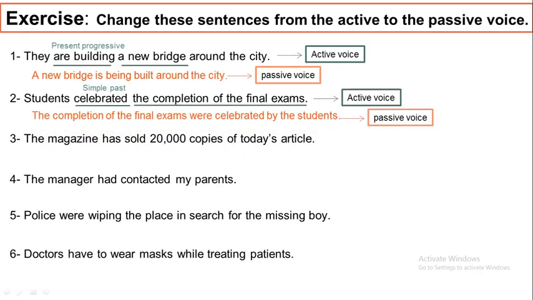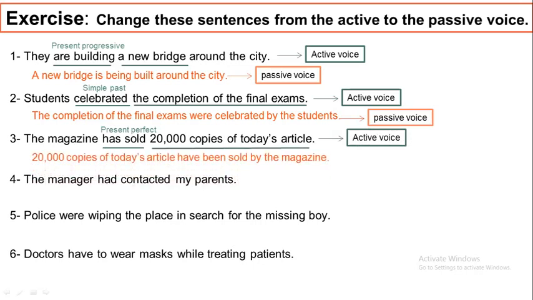Number 3. The magazine has sold 20,000 copies of today's article. Has sold is the main verb and it is in the present perfect. Its receiver is 20,000 copies of today's article, and the sentence will be: 20,000 copies of today's article have been sold by the magazine. Number 4. The manager had contacted my parents.